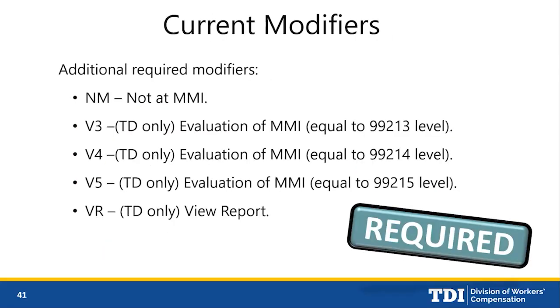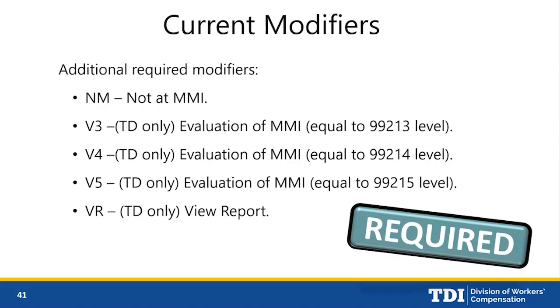These are the current modifiers that apply. NM is used to indicate that the injured employee is not at MMI. So V3 through V5, those are for our treating doctors only. So treating doctors only, V3 through V5, that's going to indicate the level of evaluation and management that corresponds to the impairment rating exam that you conducted.